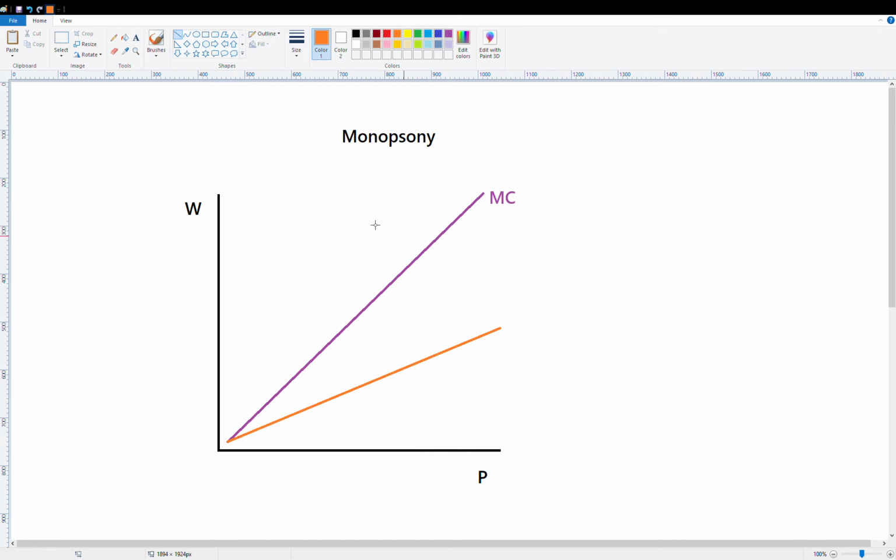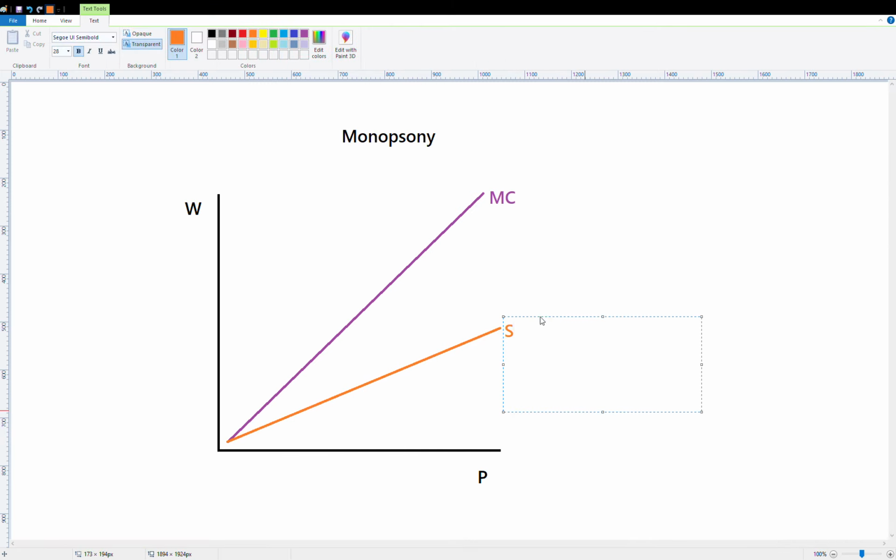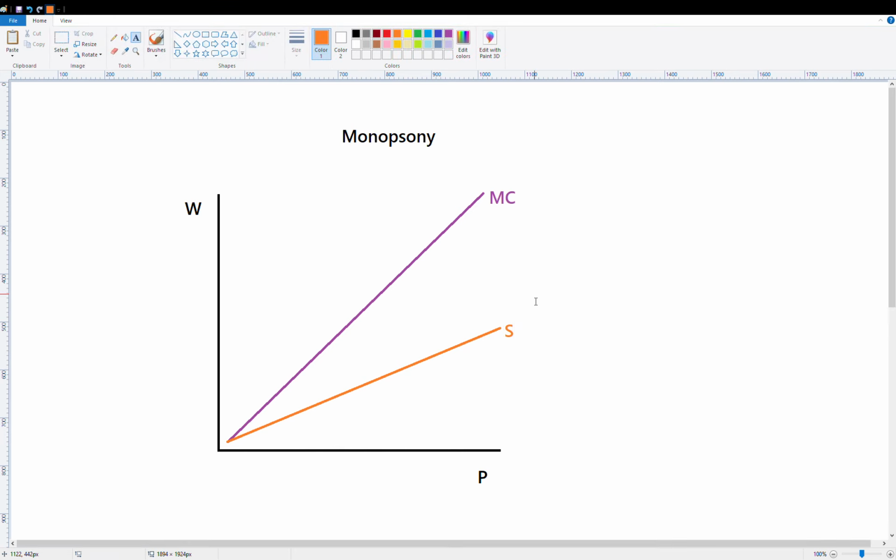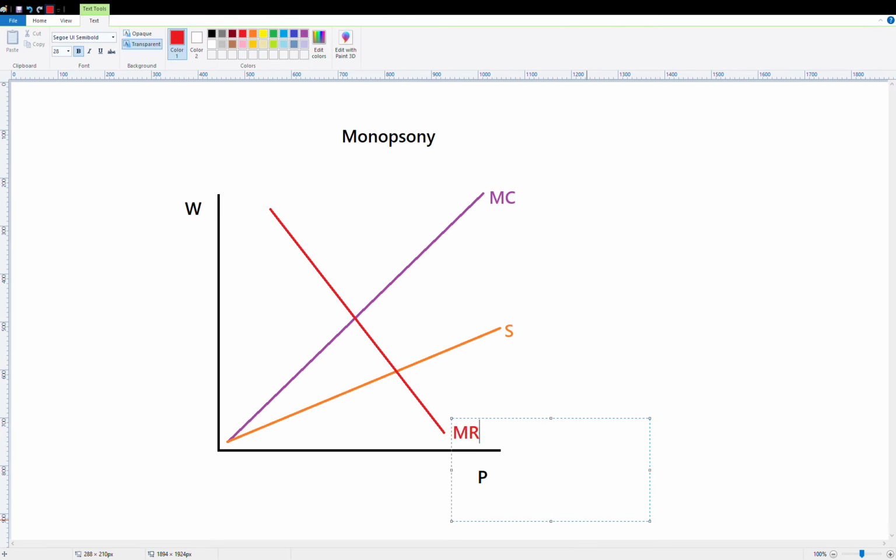Supply curve. So it's like the demand curve and the MR, but instead of the MR, it's the MC and it's upward sloping, and the supply instead of the demand. Then the MR is right over here, which acts like a demand curve, because the firms are the only ones demanding, which is equal to the VMPL.